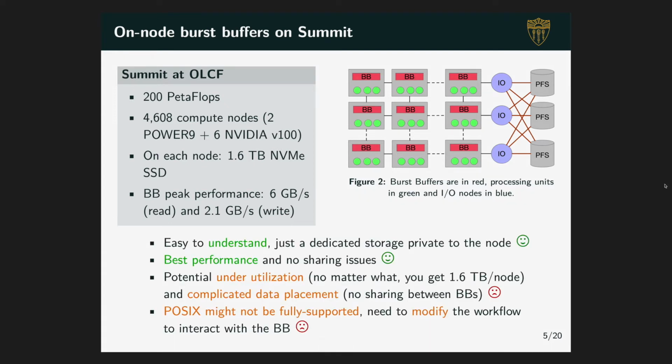So this mode has the advantage of being easy to understand. It's just a dedicated storage, and it has the best performance because you don't share the burst buffer with other users. However, you can have some potential underutilization, and it's more complicated to come up with a good data placement because you cannot easily share files between burst buffers.